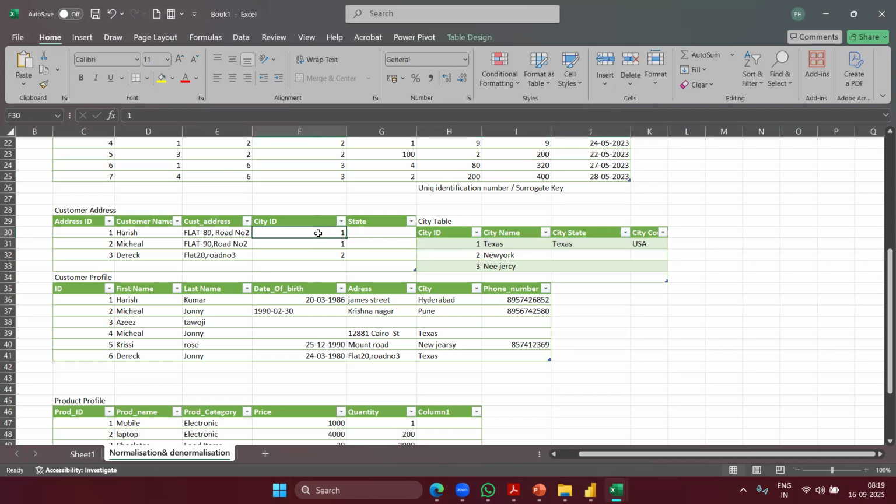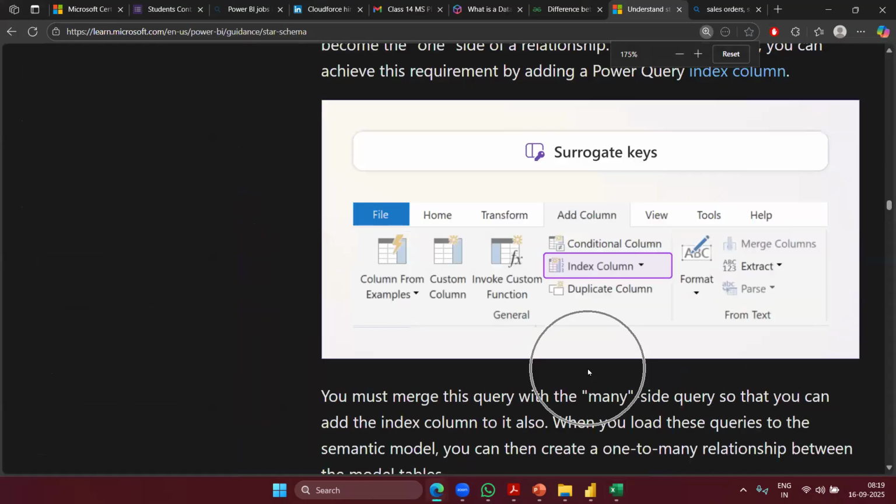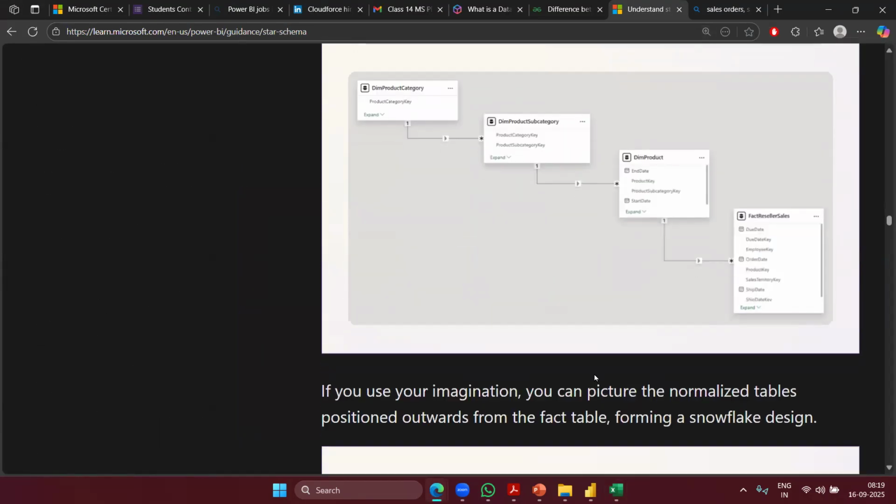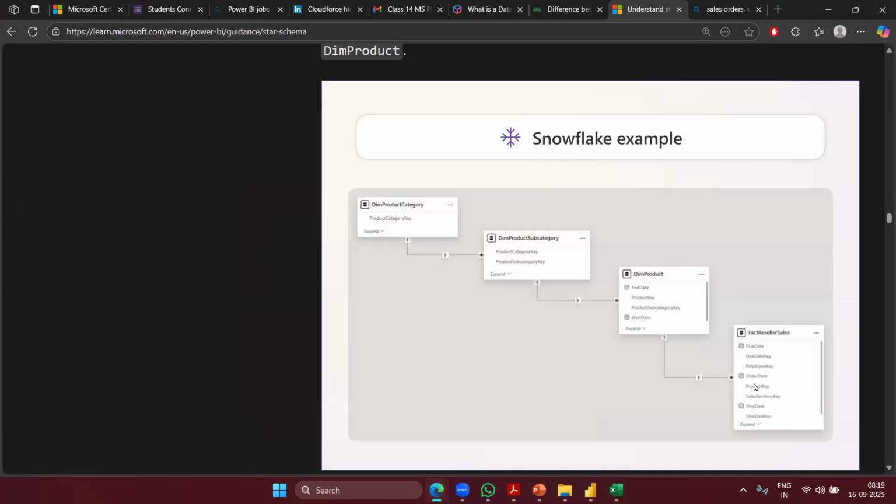So whenever there are multiple levels of dimensions, say the fact table has order date, and then products, product subcategory, category. A fact table is referring to a dimension, but if this dimension table is further referring to another dimension table for granular information, then we call it a snowflake.